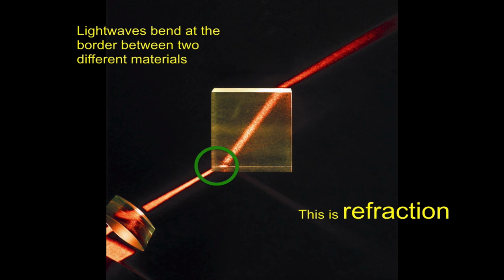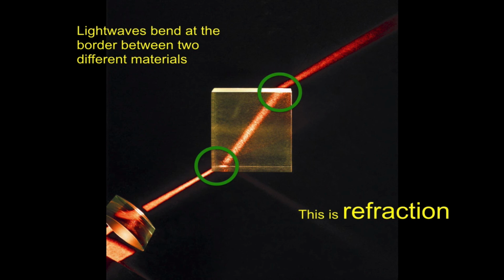And then when it hits the thickness of the glass, there's a change in the density and the light bends at that angle, at that spot. And this is called refraction, when light bends at the border between 2 different objects. And in this case, it bends again as it's leaving the glass as well.